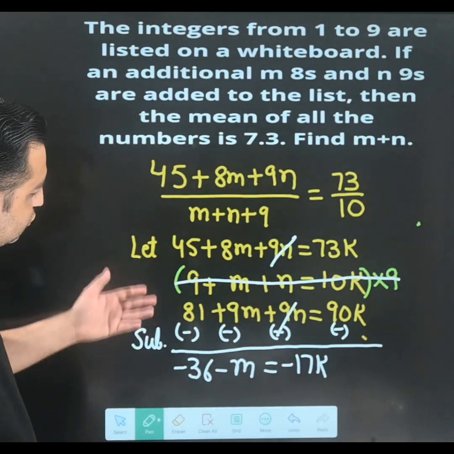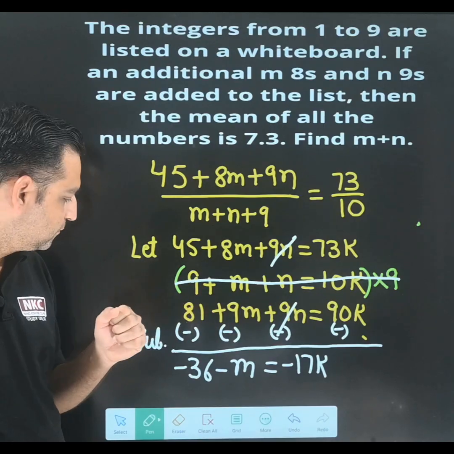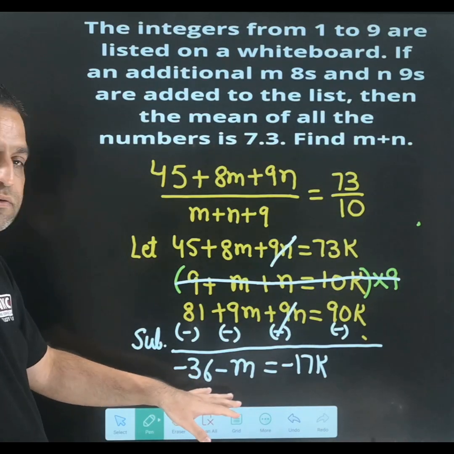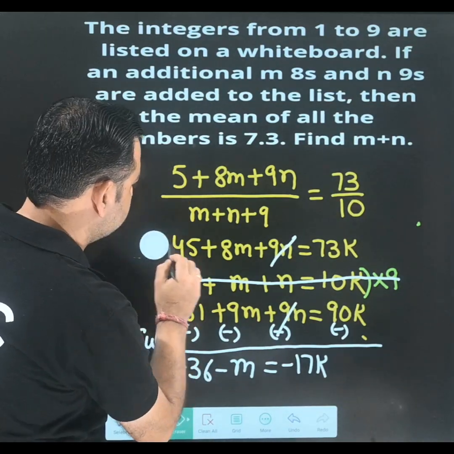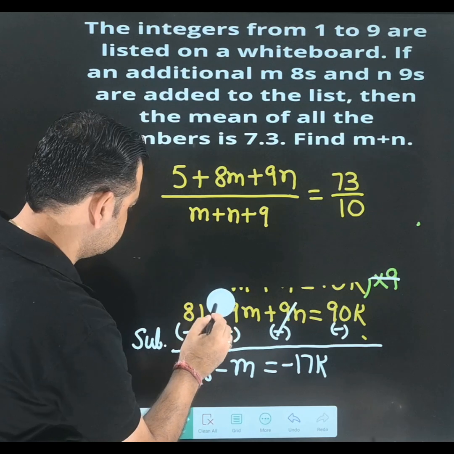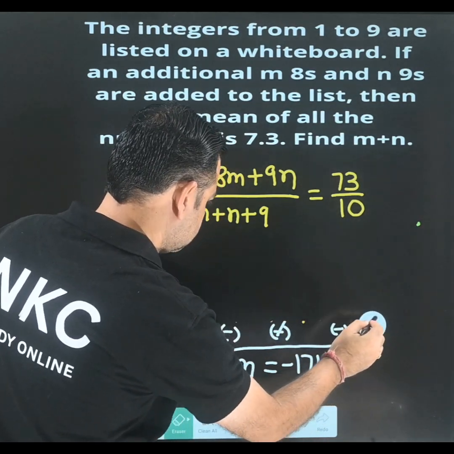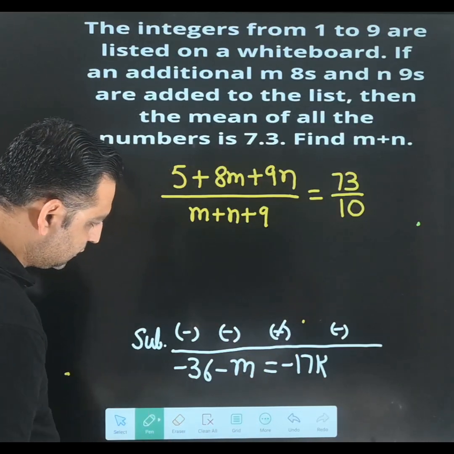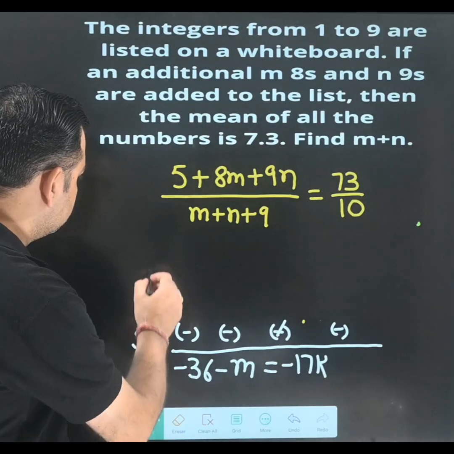I request everyone to please check the calculation properly. This is going to be helpful. After this calculation, what am I going to do in the next step? I'm cleaning from here. From here, I'm going to find the value of m.